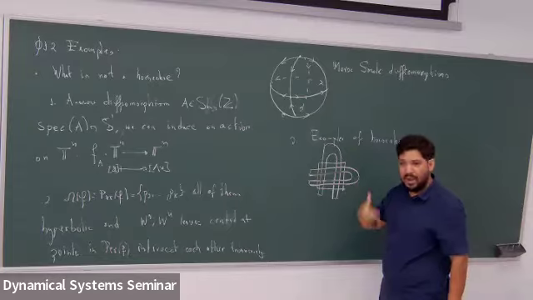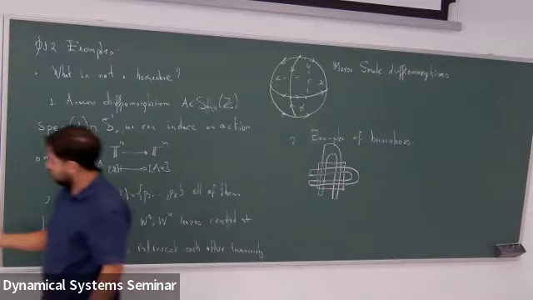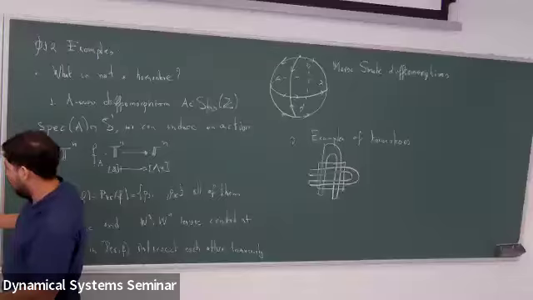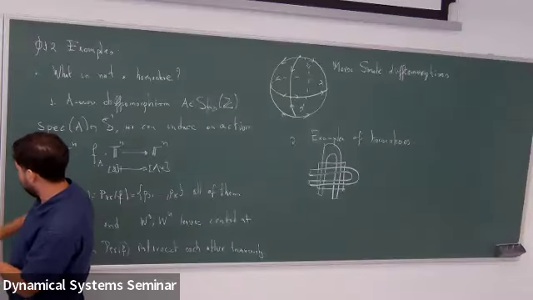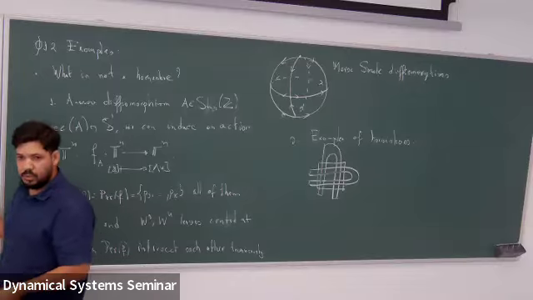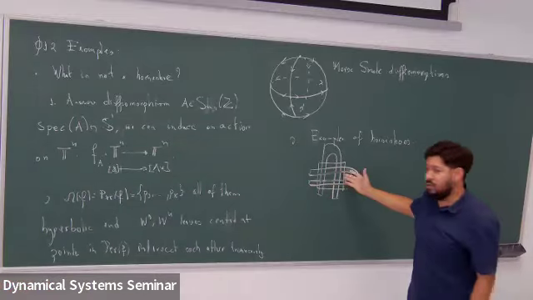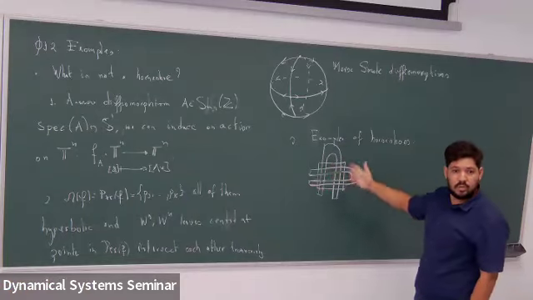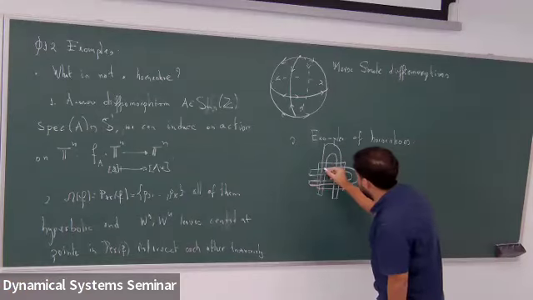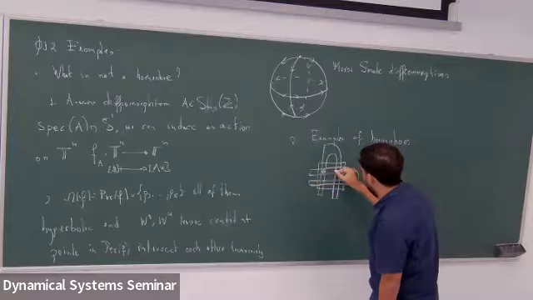And if you keep iterating the square, I should put U here, sorry about that. That's the maximal invariant set property. And if I keep iterating the U, which is this square, what I'm going to see is the horseshoe. So the first stage of the construction is these 4 little squares.